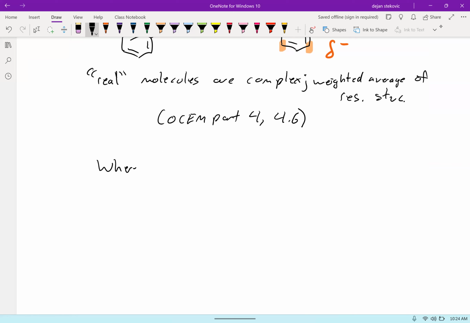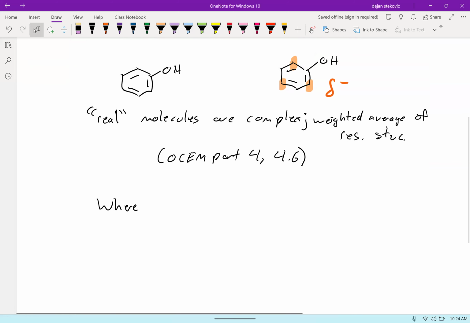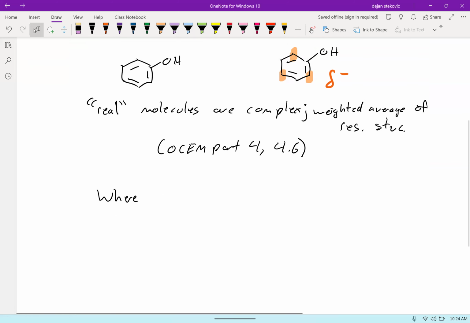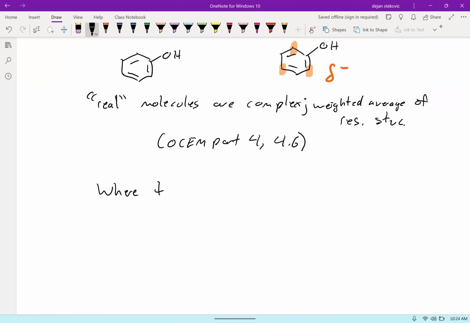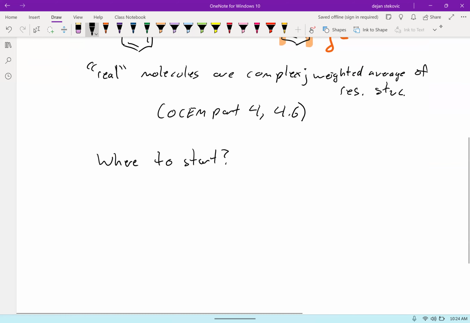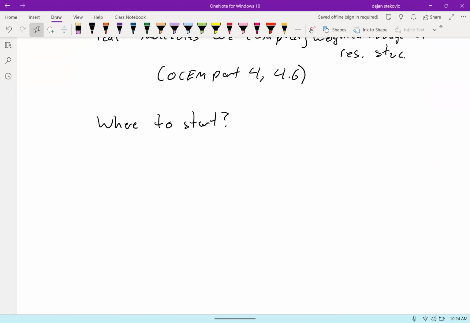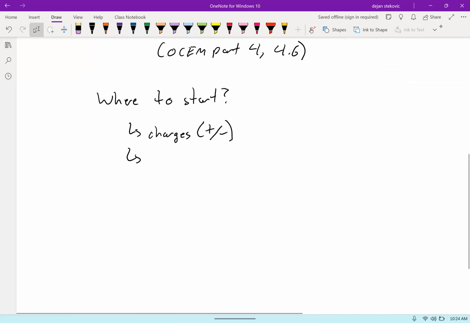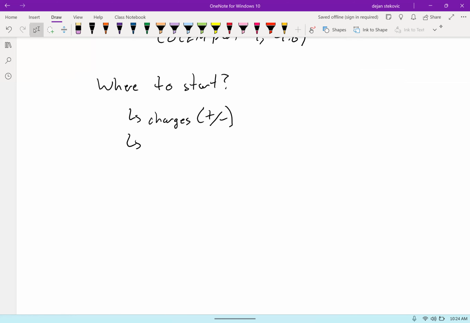So whenever you're trying to figure out what the real, quote unquote, molecule looks like and you're thinking about partial charges and resonance structures, you're probably asking yourself, where do you want to start? This is a bit of an art form, right? It takes practice, it takes skill, but some general tips: you want to start at charges, whether they're positive or negative. They probably indicate some kind of reactivity or resonance structure starting there.